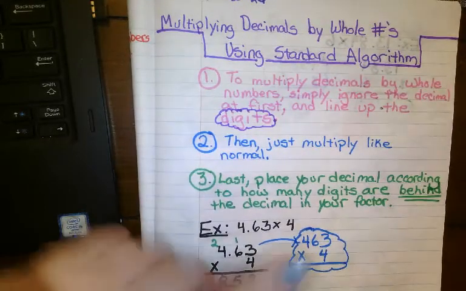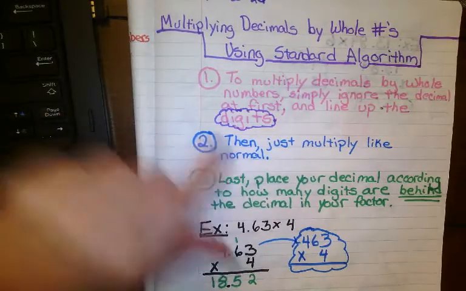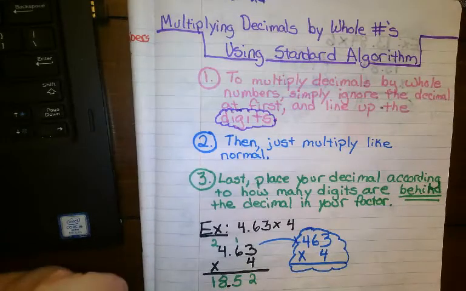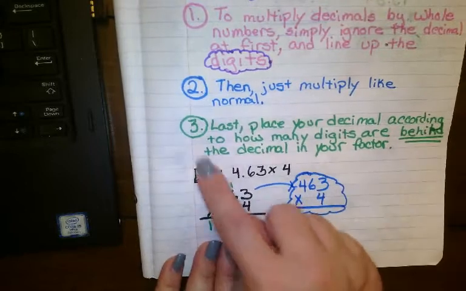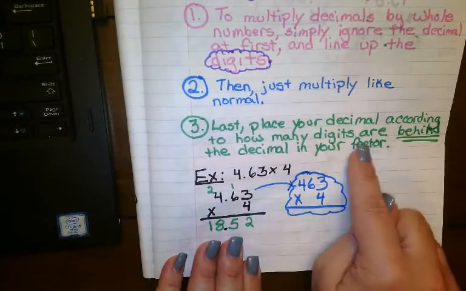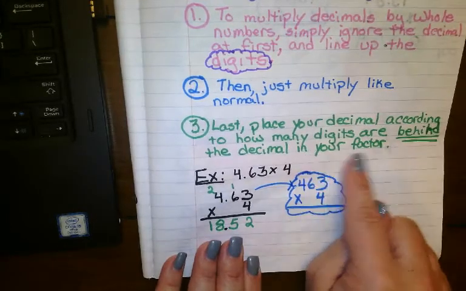You line up the digits and not the decimal. Step number two, then you just multiply like normal. You just multiply like you basically know how to multiply and then keep moving forward. Last, place your decimal according to how many digits are behind the decimal in your factor.